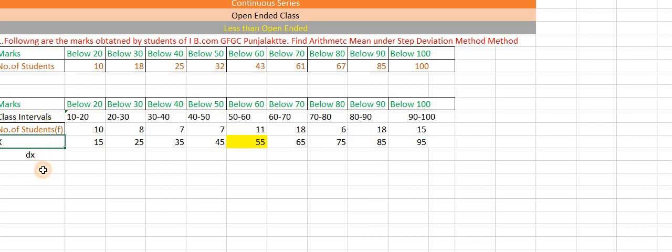So I'll write dx calculation: x value 15 minus assumed mean 55 divided by c, that is class interval 20 minus 10, which is 10. So this is how we have to calculate dx.